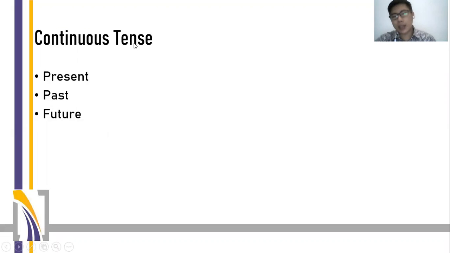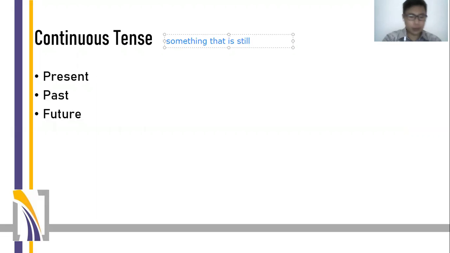Now we get insight into what we call continuous tense. What is continuous tense? Continuous tense means something that is still going on, still happening.